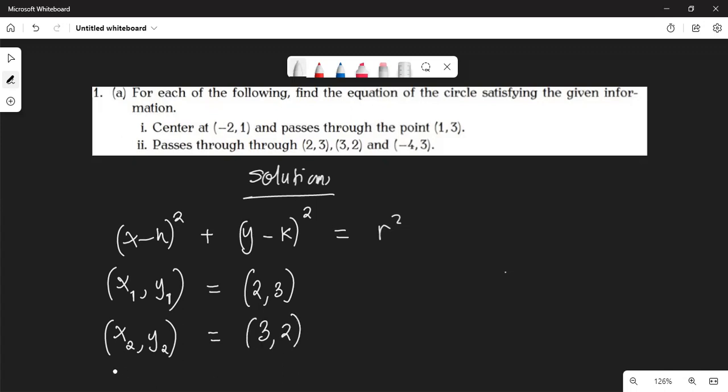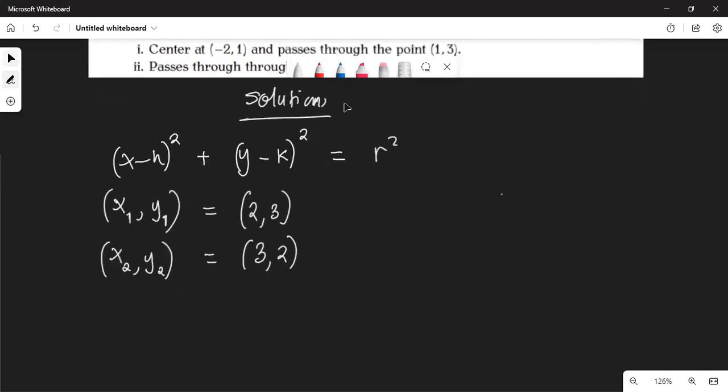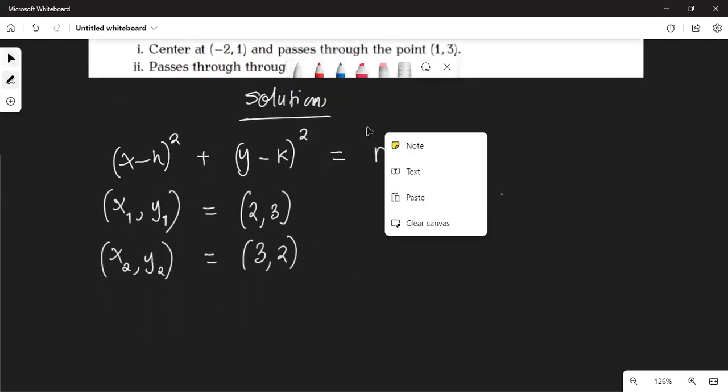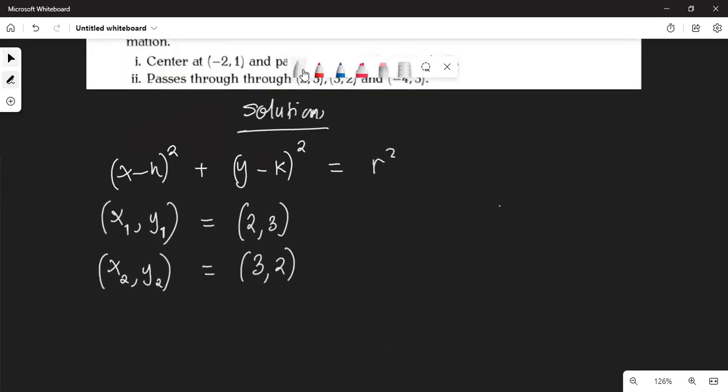And we are given another point, x3, y3, which is equal to (-4, 3).